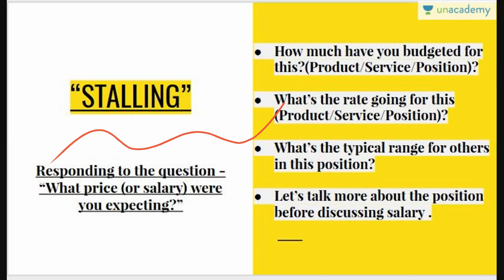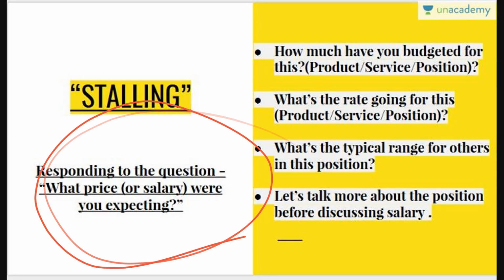Okay, so the first one is stalling. Stalling means responding to the question when somebody asks your client or whoever you're meeting, what are your expectations. It is a must-have question whatever the purpose of the meeting is.